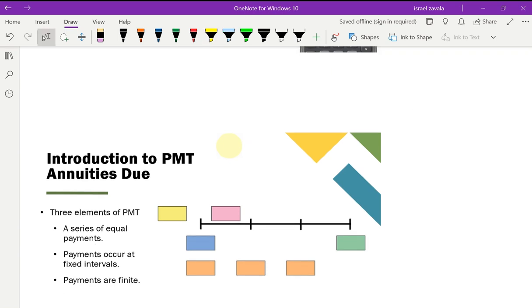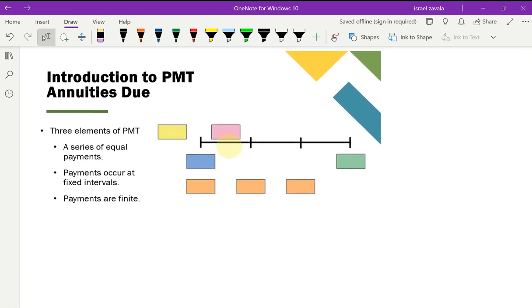All right, so I typically don't like to lecture here, but I think it's important since it's a new concept. So remember, just like ordinary annuities, there are three elements to payments. It must be a series of equal payments.